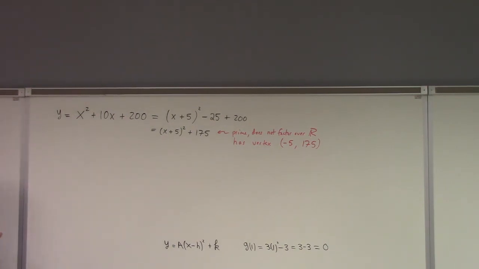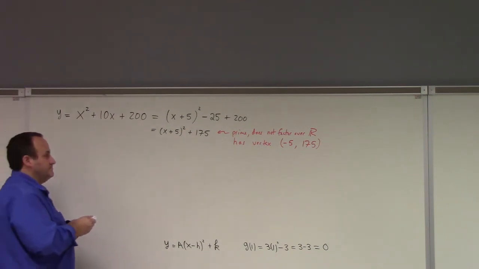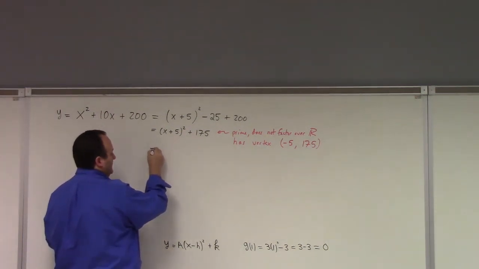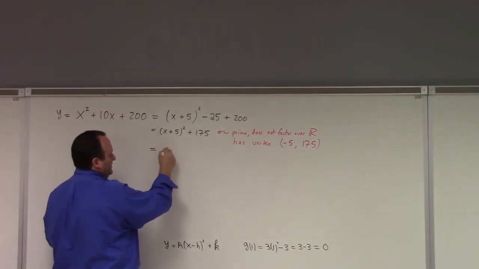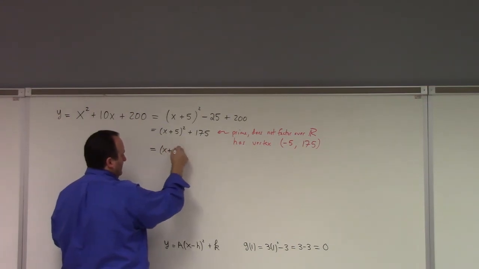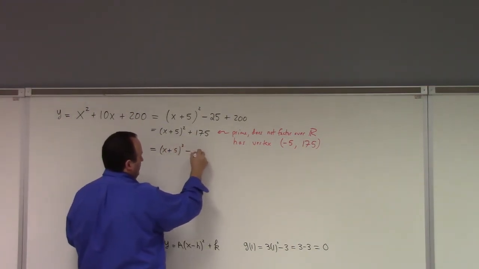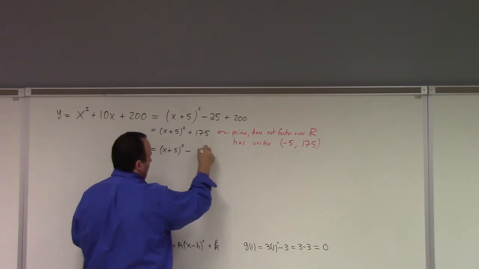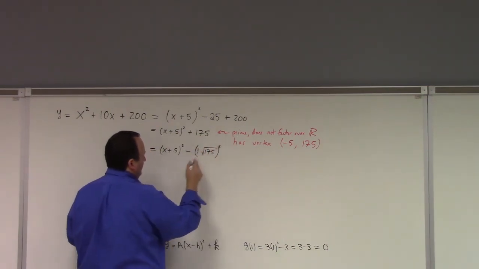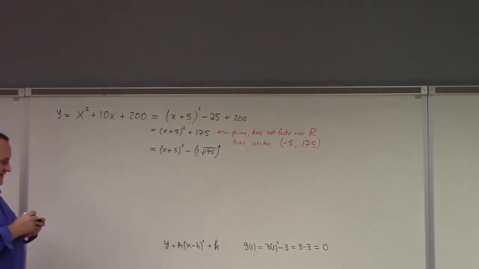Can you factor this over the complex numbers? What does this look like in terms of complex? Well, you can look at this as x plus 5 squared, right? Minus I times the square root of 175, quantity squared. This is a sneaky step. Let me try to explain it to you.